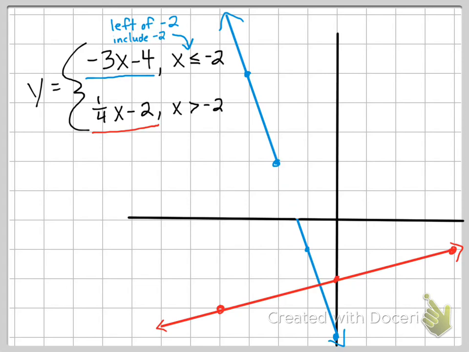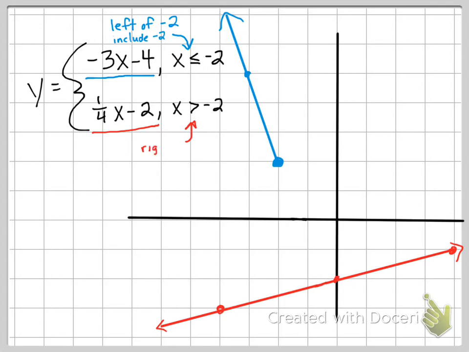So I'm just going to start erasing the rest of it. There we go. And I made it a solid point, a closed point, because it includes negative 2. So this is the piece of the first part of the function that I need. It says y equals negative 3x minus 4 when x is less than or equal to negative 2. That's this part.